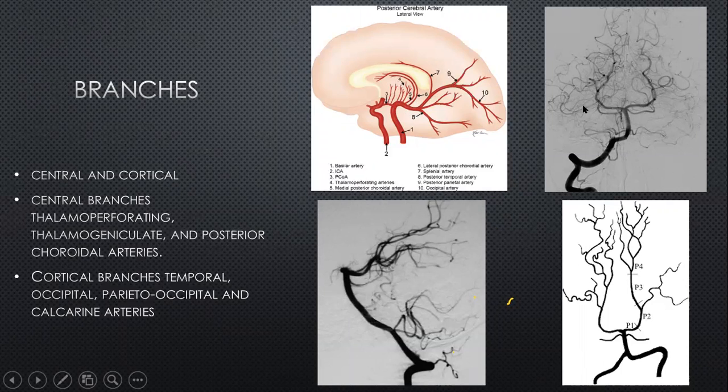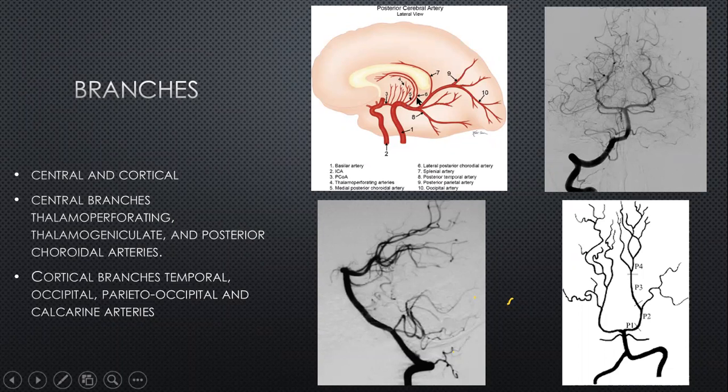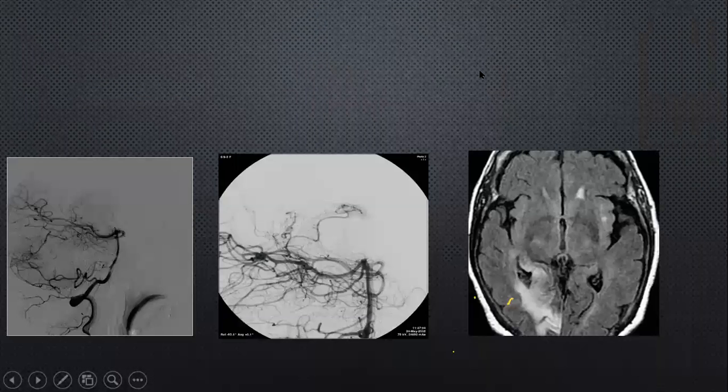These are the small wispy, looping perforators which supply the thalamus and the upper midbrain, coming from the P1 segment. Similarly, you have arteries which come off more distally, which will supply the posterior choroid, going up into the roof of the third ventricle, and then subsequently they will supply the parieto-occipital branches and some of the posterior temporal branches as well.